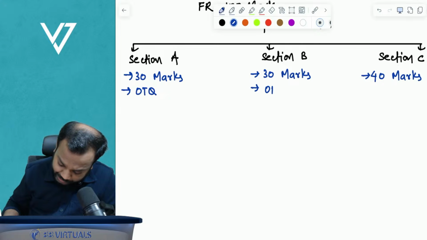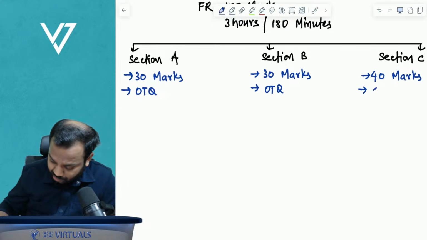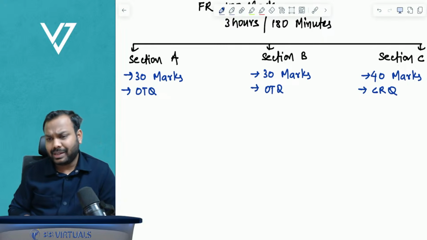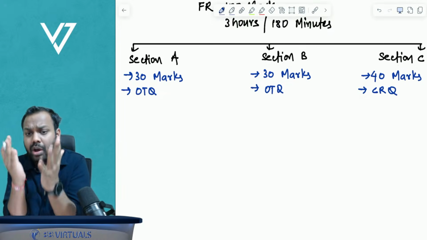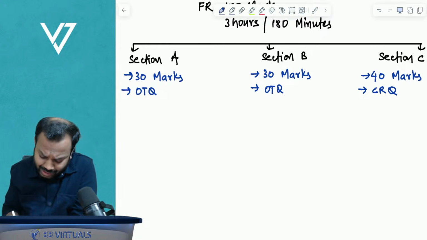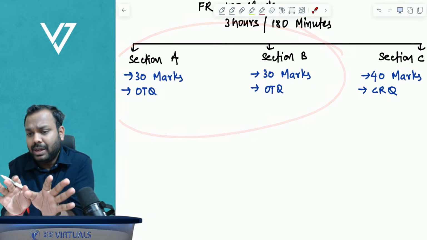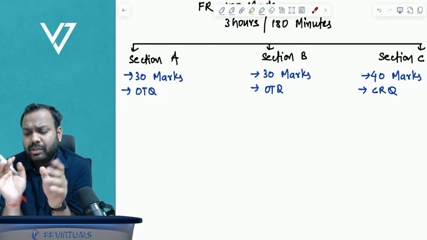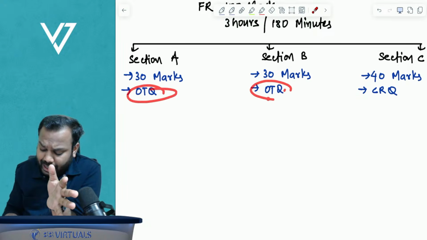Section C is constructed response questions. Generally, what I have seen, students have a wrong notion that Section A and Section B are MCQ. No, baba. Section A and Section B are not MCQ. Please understand, it is objective type questions.